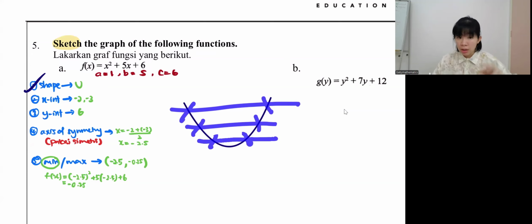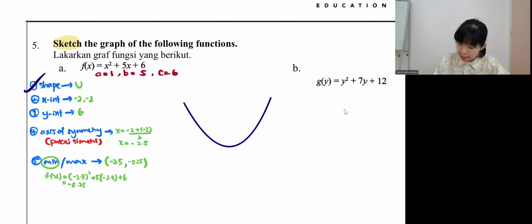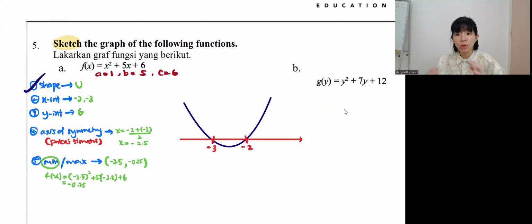You need 2 points, and at the same time you have to check whether it is logical or not. -2 and -3 are just next to each other, so the gap is only 1 unit. When they are only 1 unit apart, they are not supposed to be very far away, right? So I will put my x-axis here, so that -3 and -2 are not too far away.